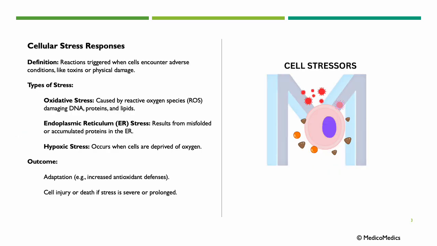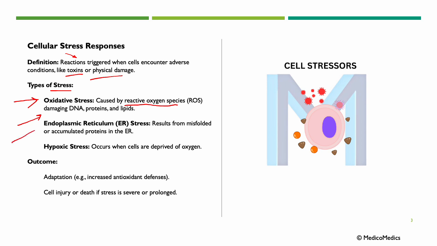So, cellular stress responses. The definition here is reactions triggered when cells encounter adverse conditions like toxins or physical damage. Now we talk about different types of stress. We have oxidative stress caused by reactive oxygen species or ROS, and these damage DNA, proteins, and lipids.